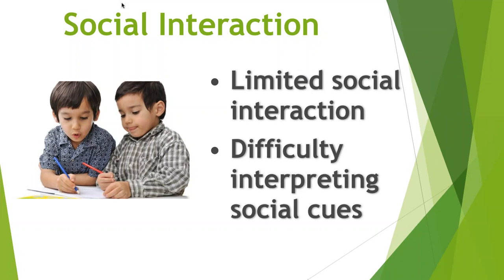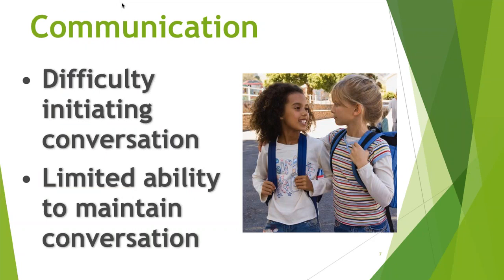It may be that a person comes up and stands within a communication space, a couple feet away from me, but doesn't say anything, but the behavior is saying to me, I want to initiate a conversation with you. I just don't have the words, or I'm not able to initiate that on my own. They may not respond to a greeting that you give to them, not because they're, again, being willfully antisocial, it's just a difficulty that they have.